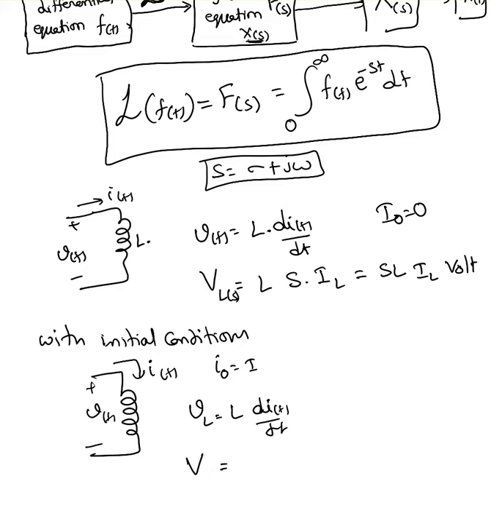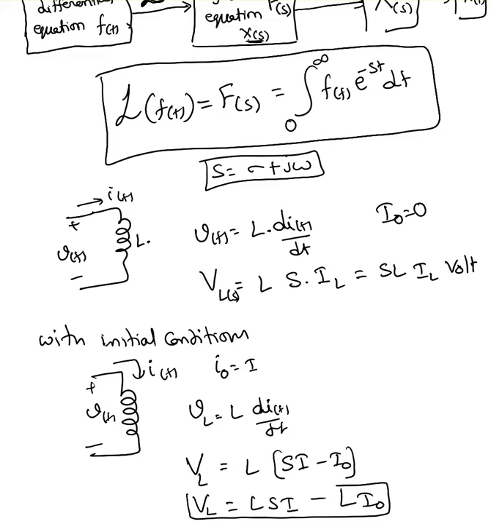VL equal to L times (S I minus I naught). So VL equal to L S I minus L I naught. That's the voltage across the inductor with the initial conditions.